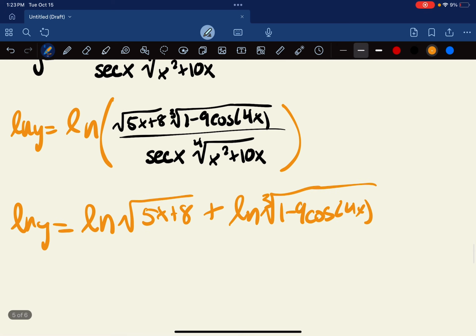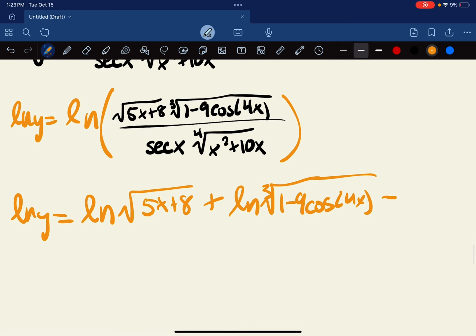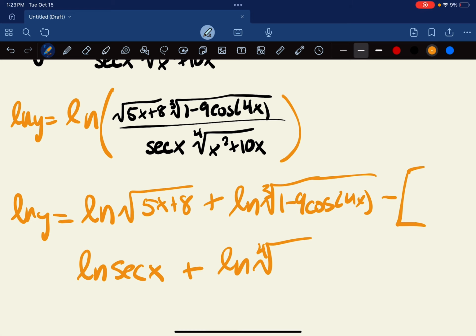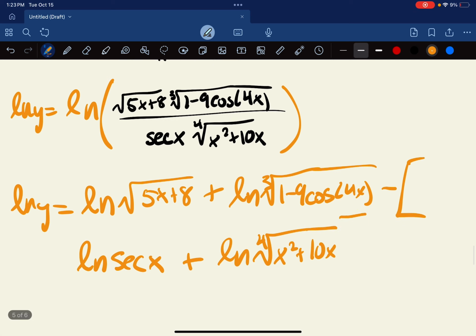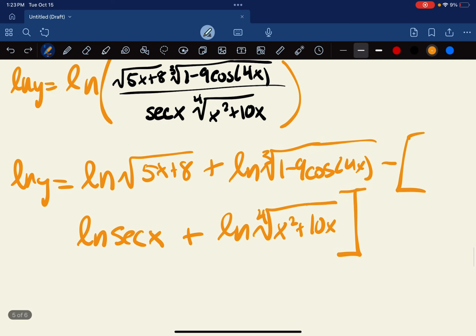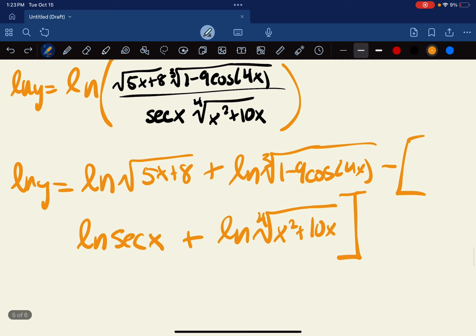And then it's going to be minus, and then in brackets, ln of secant x plus ln of the fourth root of x squared plus 10x. And this whole second part is going to be bracketed, and that's important because that negative is going to be distributed to both of those terms.